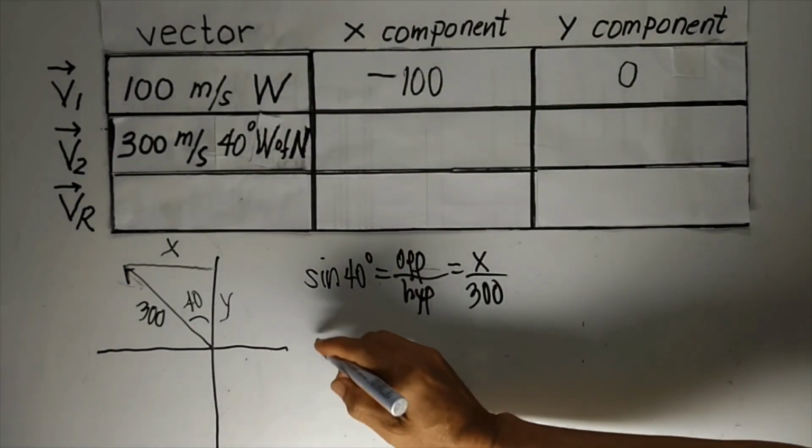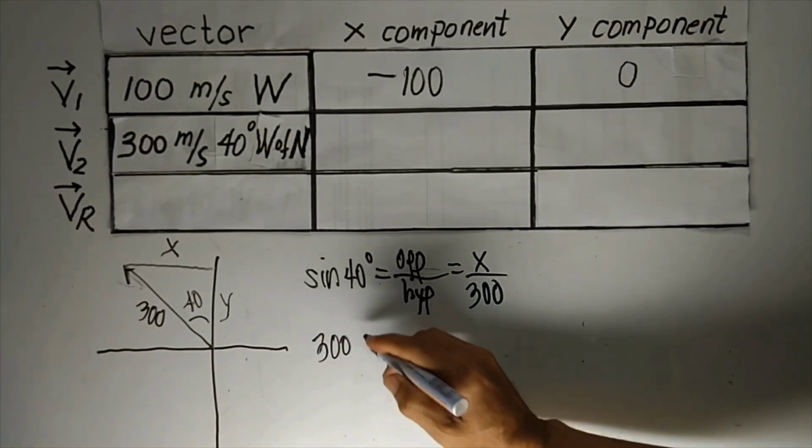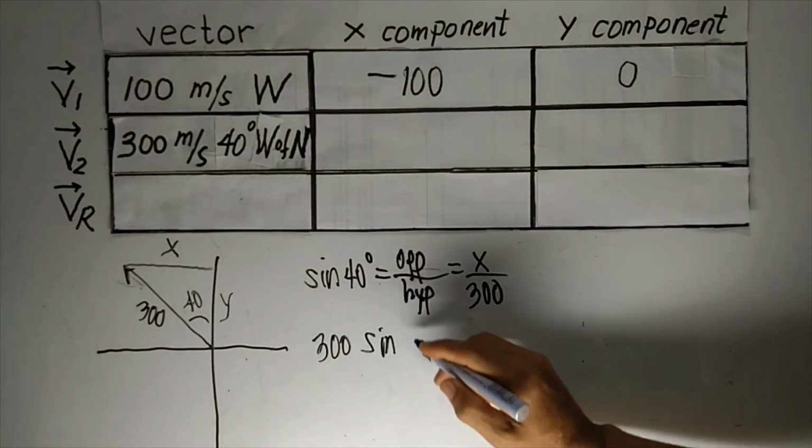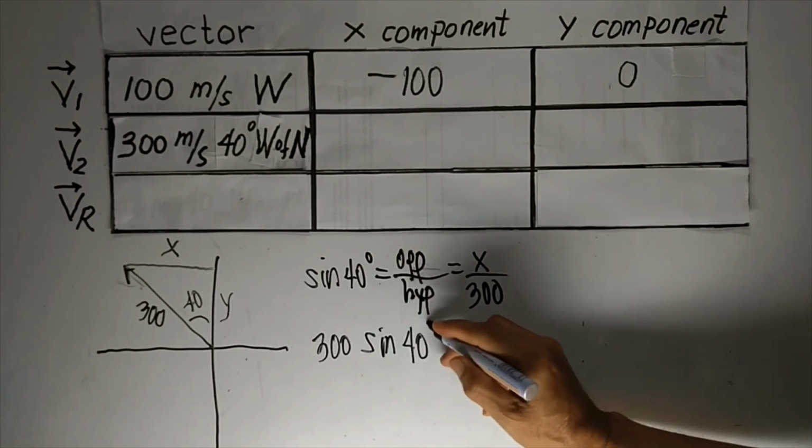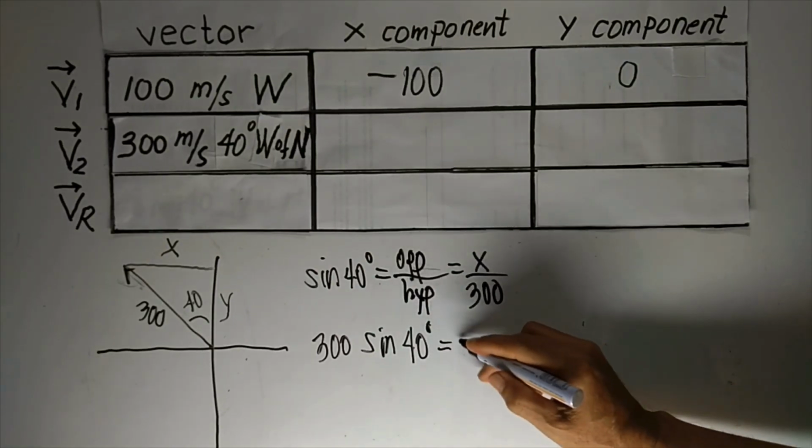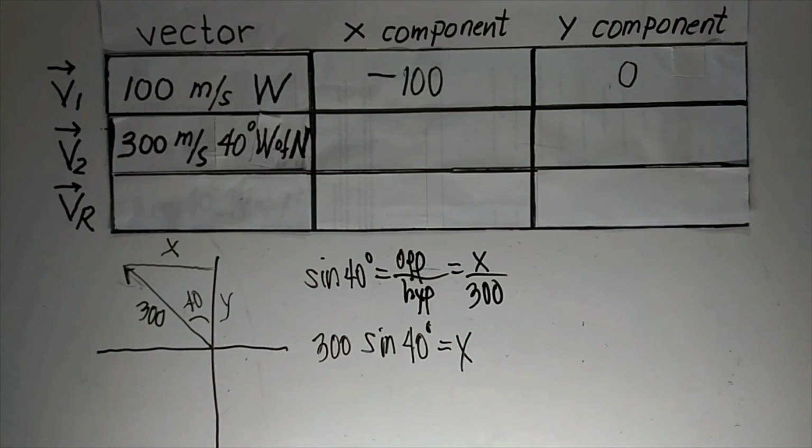Simplifying, this becomes 300 sine 40 degrees is equal to x.